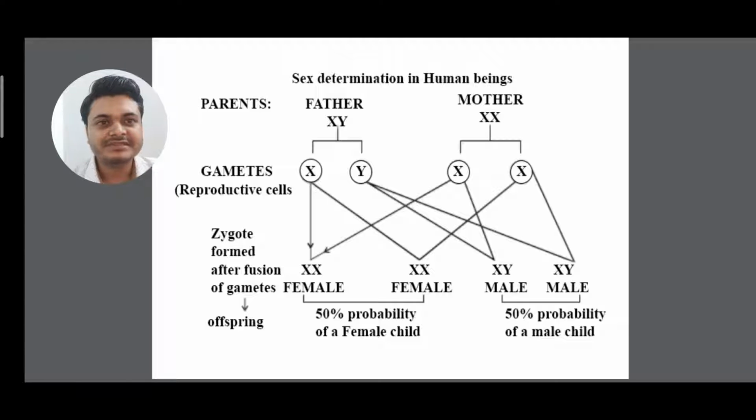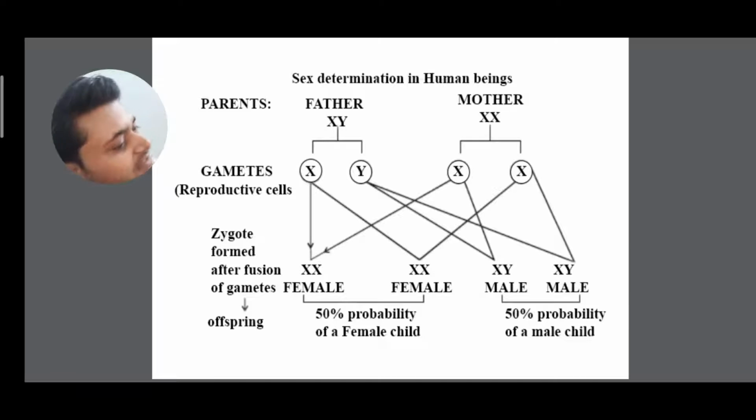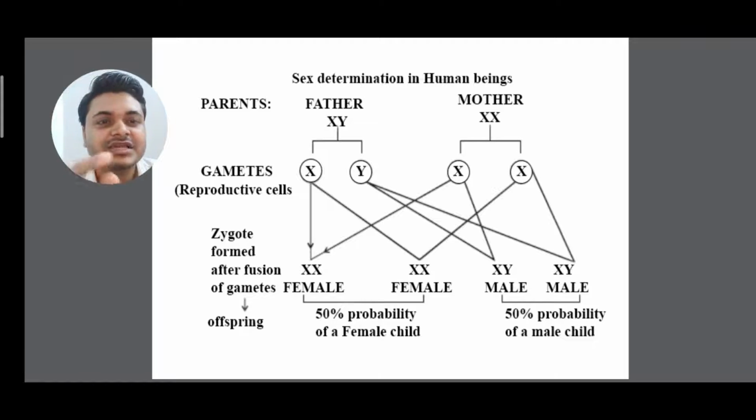So the father is a male having XY chromosomes and the mother is a female having XX. Father produces X and Y gametes and mother produces X and X. So X and X produces a female individual, and again X and X produces a female. Then X and Y is male and X and Y is male. So there is a 50-50 probability: 50% probability of a female child and 50% probability of a male child.